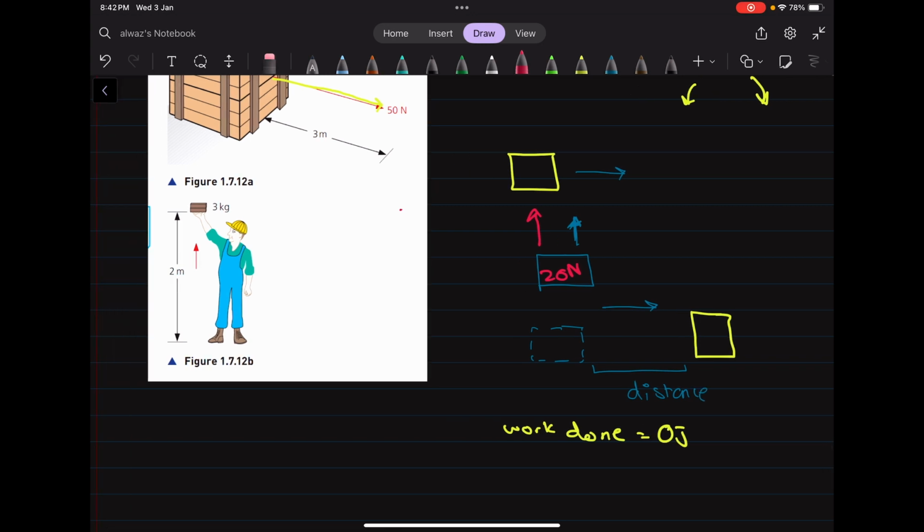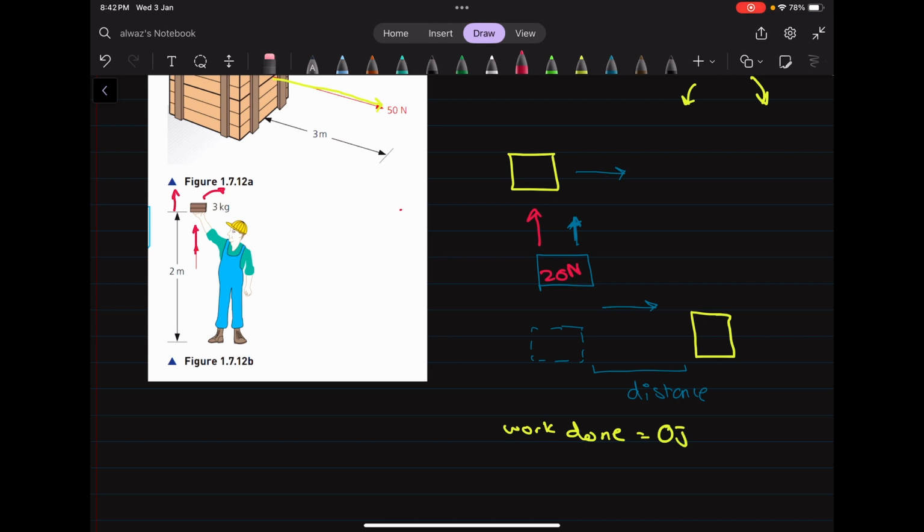This is an example we can see here. We've got a man holding on to this 3 kg box. Now to keep this box in place, the man has to apply a force with his hand in the upward direction. The man walks around with the box, but the work done on the box is 0. Why is that? Because the force that the man's hand applies on the box is upwards, but the height of the box remains constant.